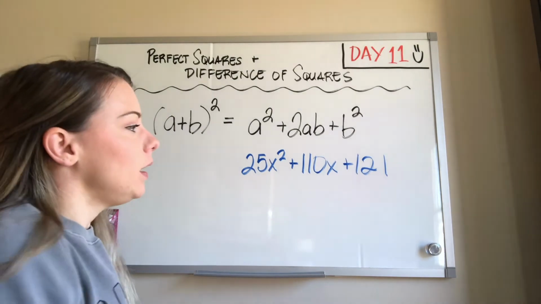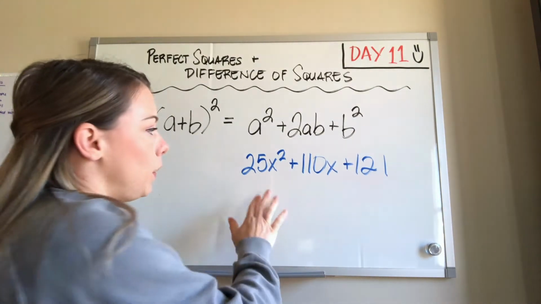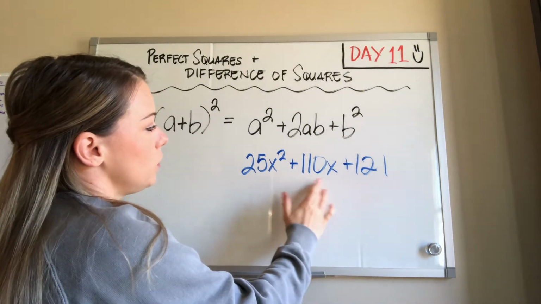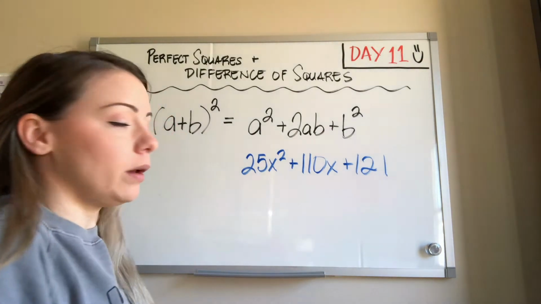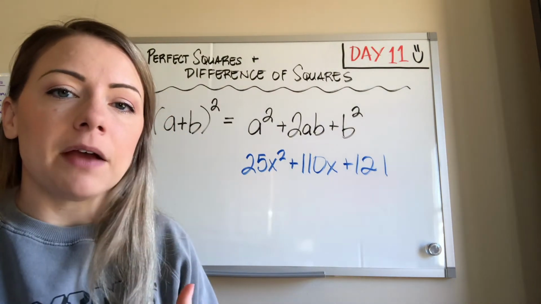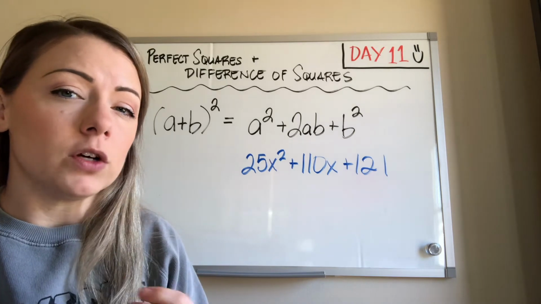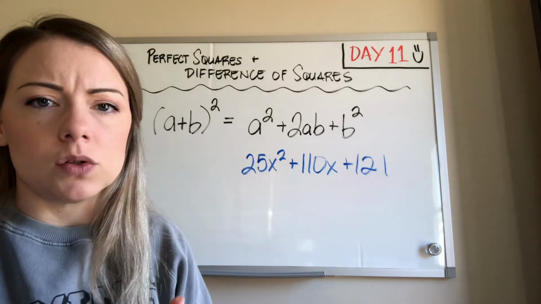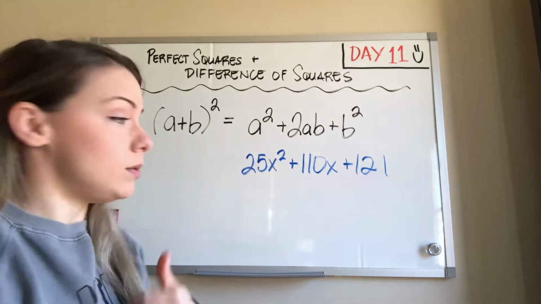All right, so I'm giving you the example 25x squared plus 110x plus 121. And we are going to factor this polynomial, but we'll first see, is it a perfect square polynomial?